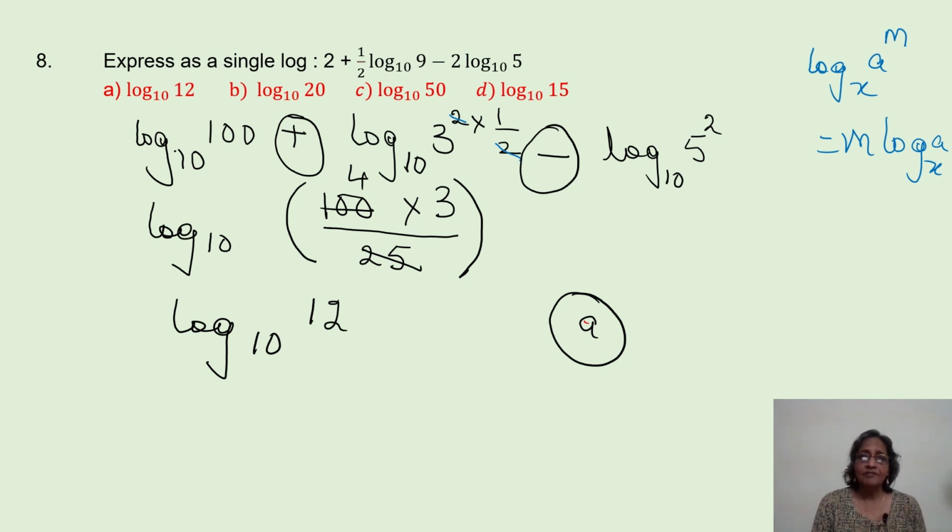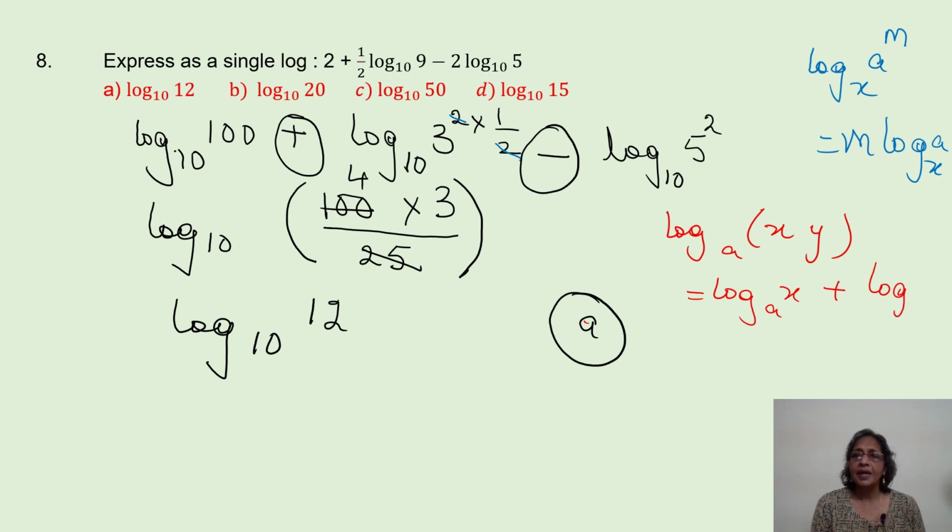So here we have used two properties. The product law, that is log of x to the base a plus log of y to the base a. Now we have used this property in the reverse way, and in the same way, instead of the multiplication, if you have a division, we use it in the reverse way.